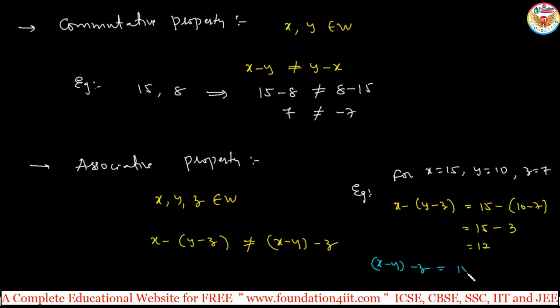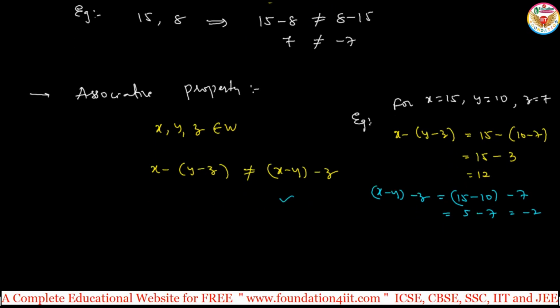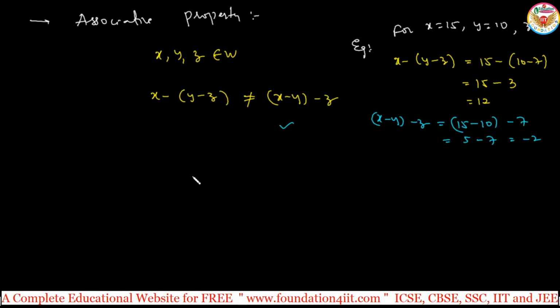So 15 minus 10 minus 7. 15 minus 10 is 5 and minus 7, that is minus 2, because 5 minus 7. Here a small number minus a big number, so negative 2. They are not equal. That means we can conclude that the subtraction of the whole numbers does not satisfy the associativity. Right? And next we have the identity and inverse.